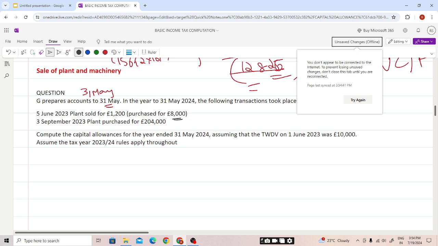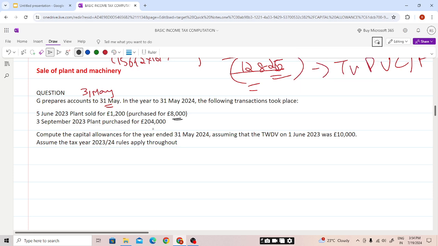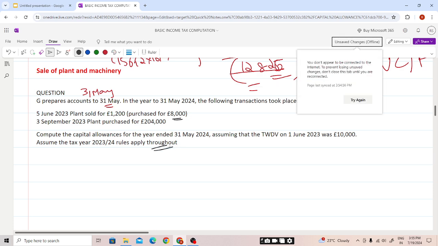On 3rd September 2023, plant was purchased for 204,000 pounds. Compute the capital allowances for the year ended 31st May 2024, assuming that the tax written down value on 1st June 2023 was 10,000. Assume that the tax year 2023-24 rules apply throughout.